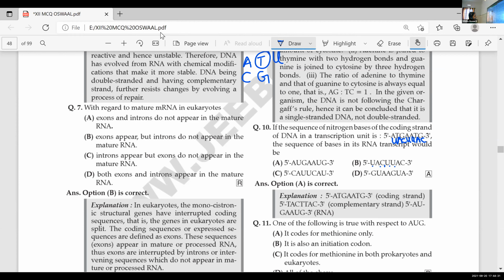See, coding strand doesn't code for anything. So this was a tricky question. I will write it down. They have mentioned coding strand, but it is not the coding strand that is getting copied. It's the template strand. We have learned that there is a coding strand and a template strand.